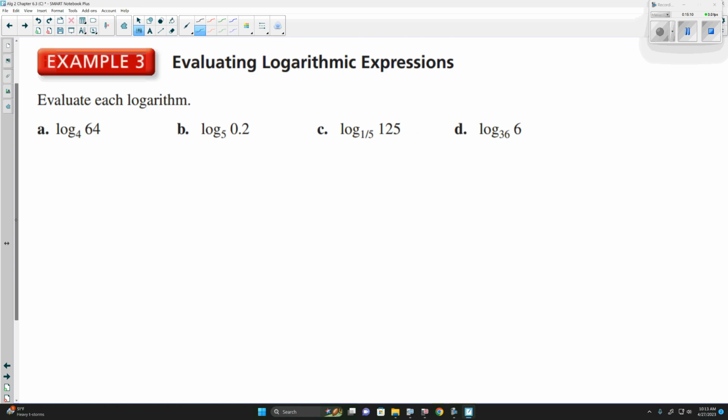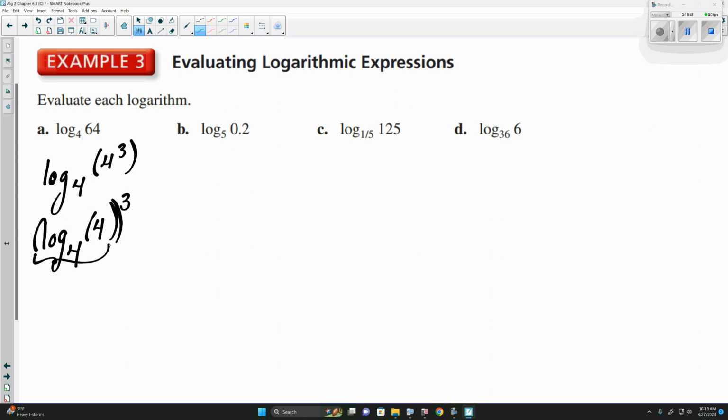So if we looked at these and worked them out, log base 4 of 64. Well, 64 is 4 to what power? 4 to the third. So we can rewrite this as log base 4 of 4, the whole thing to the third power.